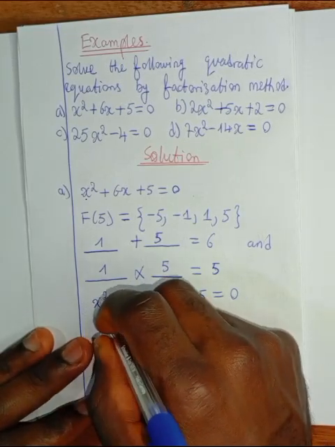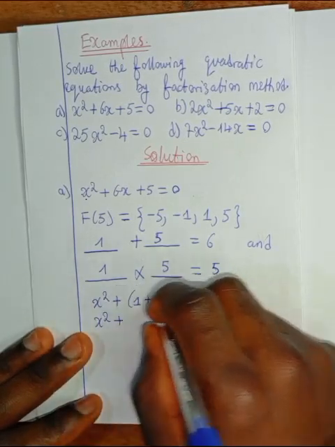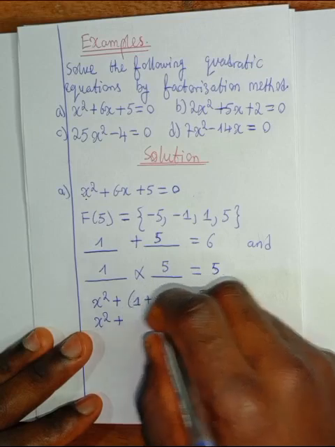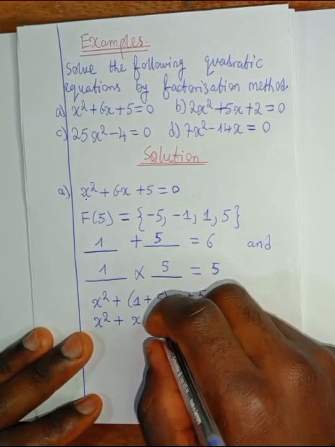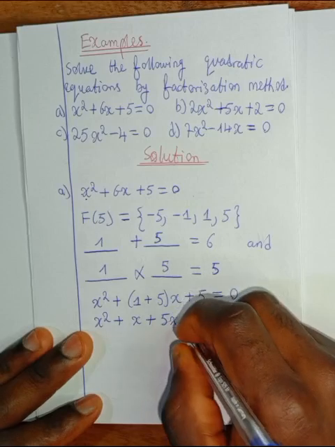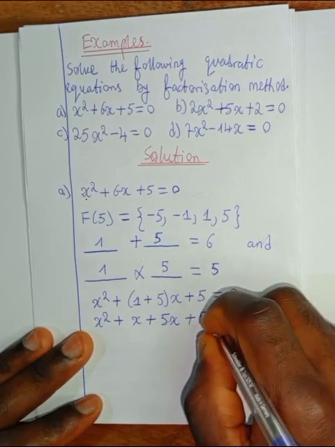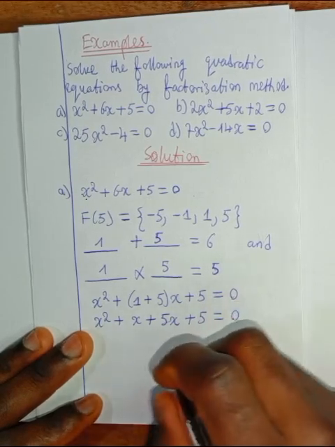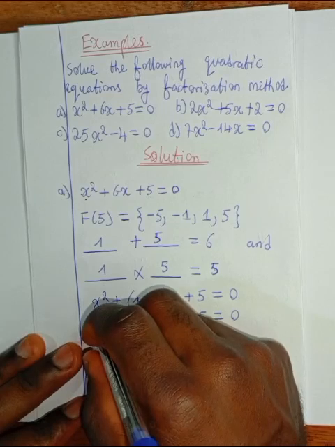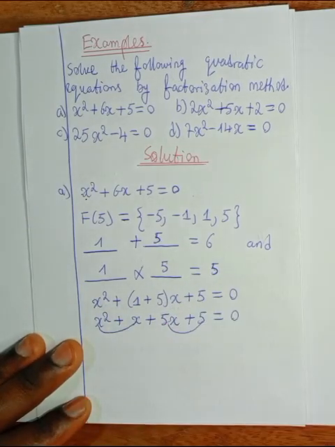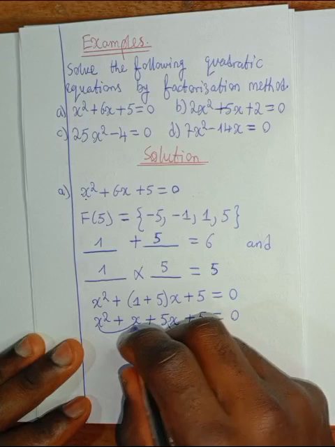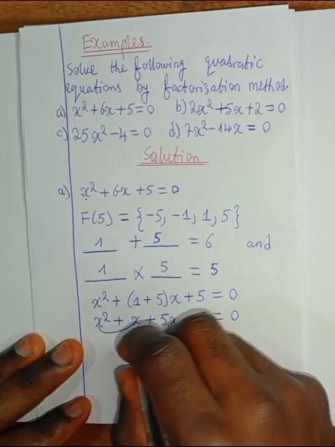This will give us x squared plus, next we are going to expand this bracket here. 1 times x gives us x plus 5 times x gives us 5x plus 5 is equal to 0. We are going to take this first pair, the second pair.